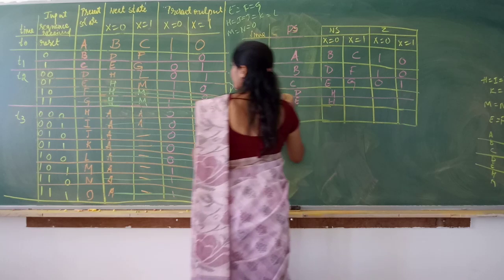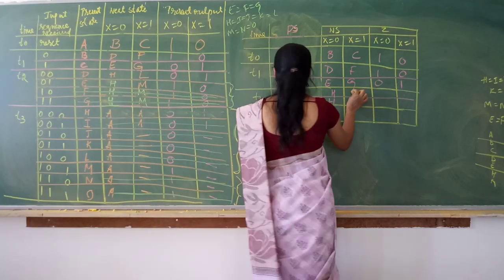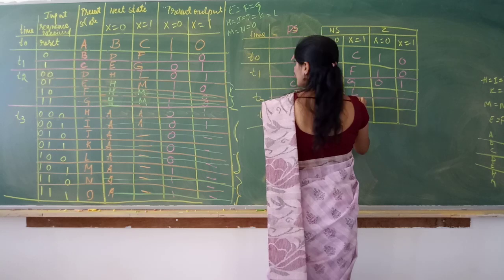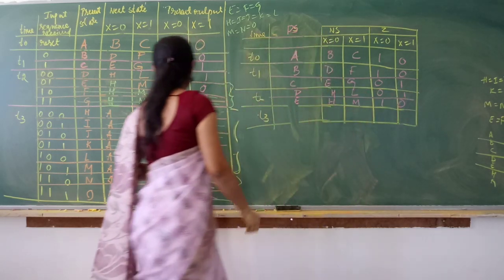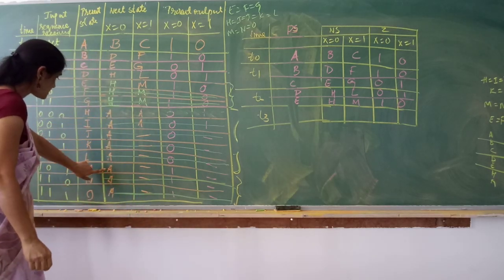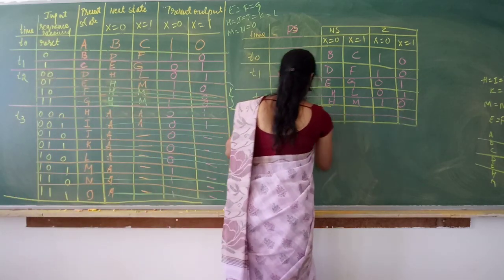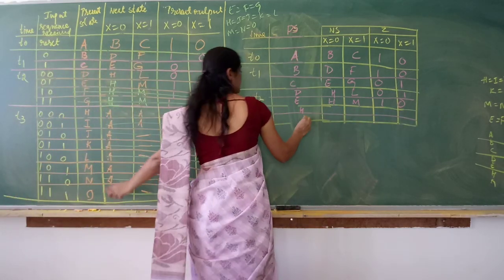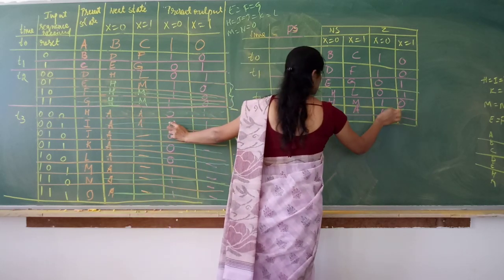E we had H, right? So H, M, this is H, L, H, M, 0, 1, 1, 0. At time T3, we have eliminated these, but H we have, and one more is M. H it is A, 0, 1.